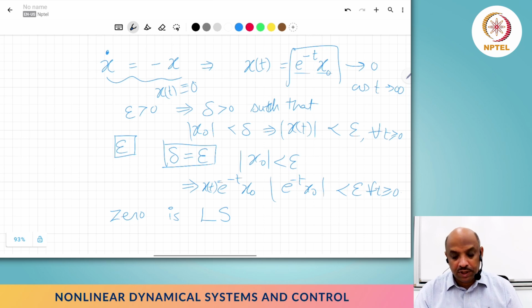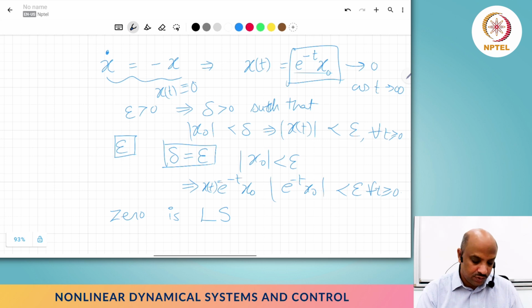When it comes to asymptotic stability, it's fairly straightforward: is there a region around the equilibrium point such that if you perturb within that region, you will go back? In this case, we essentially go back to 0 no matter where we start, whether on the negative side or the positive side, because the negative exponential goes to 0. And the final obvious thing is that this is also globally, so 0 is Lyapunov stable.